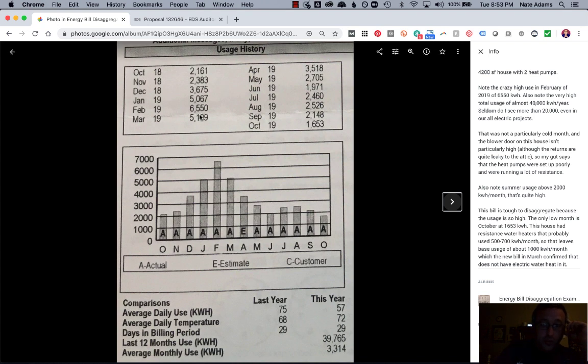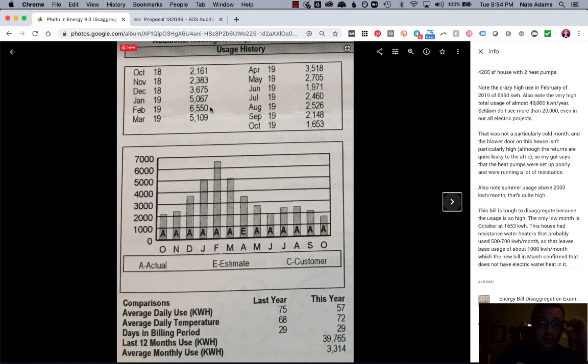And then you want to look for your high heating bill at 6550. This is nuts. My old house, before we started electrifying a few things, the water heater and my electric car and things like that, we were using about 7,000 kilowatt hours a year. So this house in 1 month used what my old house used all year. That's wild.